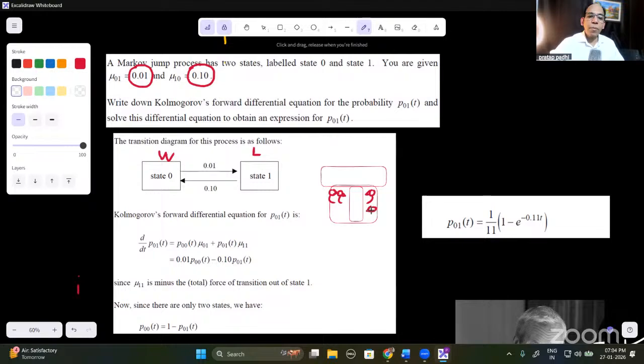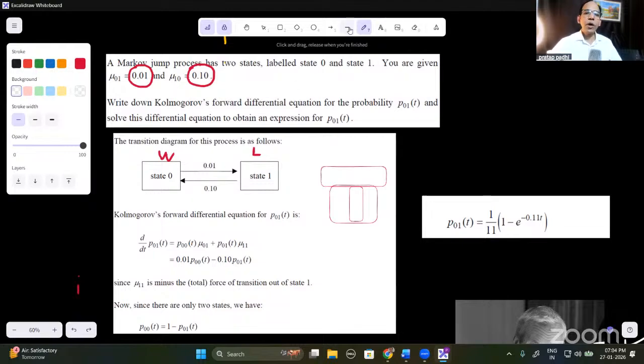The owner of the company wants to know how many will leave the company. State 0 means working in the company. So there are two states.